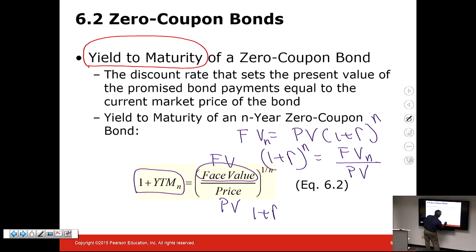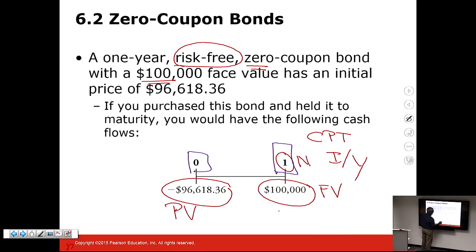Then 1 plus R would be FVN, future value at period n, divided by PV, the whole thing raised to the power 1 over n. And that's all what we are doing in the calculator. We are solving for this equation. And this R, since this is the rate of return over this period of time, in the context of bond terminology, we call that the yield to maturity.